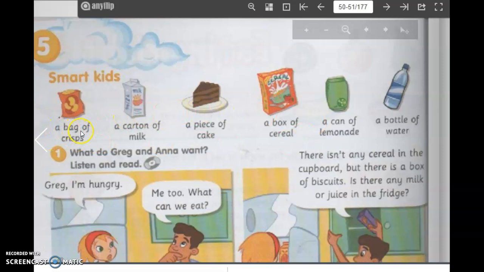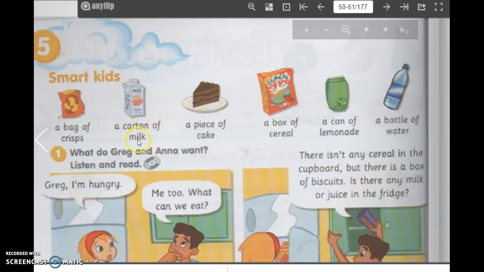A bag of crisps. Okay, bunyi dia crisps. Macam tu baca dia. Crisps. Okay, a bag of crisps. A carton of milk. A carton ni maksudnya satu kotak ni. Kalau kotak air milk ke or any sugary drinks ke, kita panggil dia a carton.